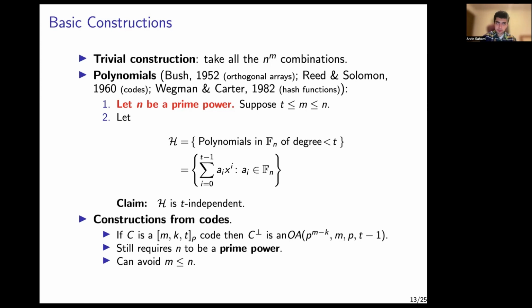The number of columns is m, the number of levels is p, and the strength is t minus 1. So the distance sort of corresponds to the strength of the orthogonal array. This is great because now we can avoid the trouble of m being at most n, but this construction still requires n to be a prime power.